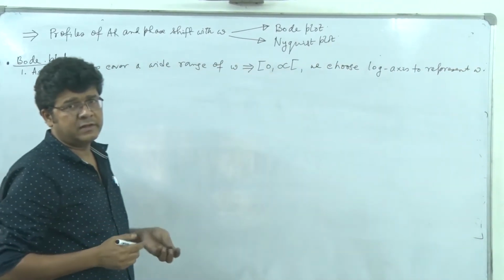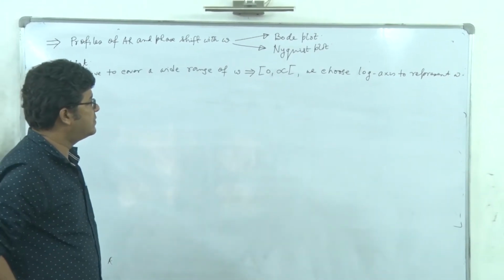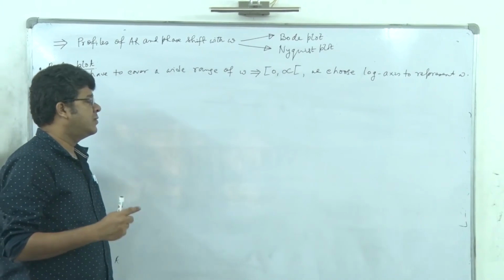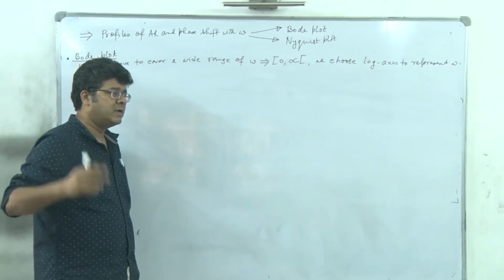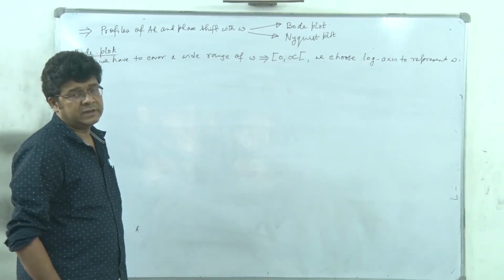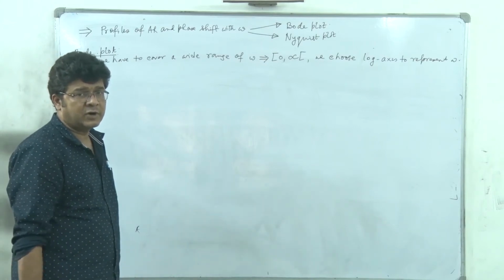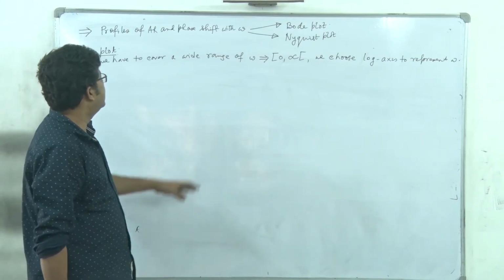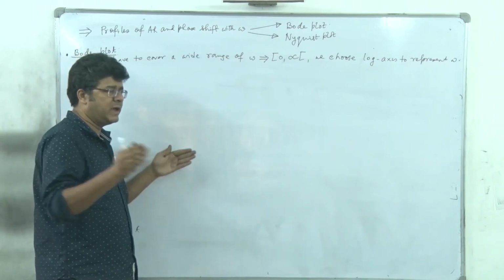Because the log is more or less equal resolution space, whether we are varying ω from 0 to 1 or from 100 to 1000, in every scale the resolution is more or less the same. So we choose a log axis to represent the wide domain of ω.